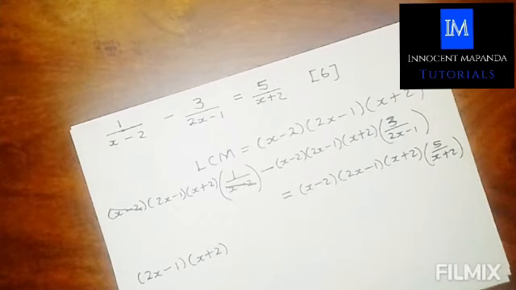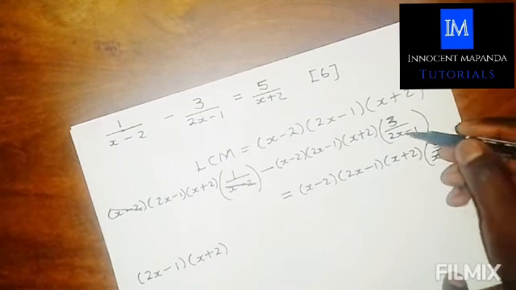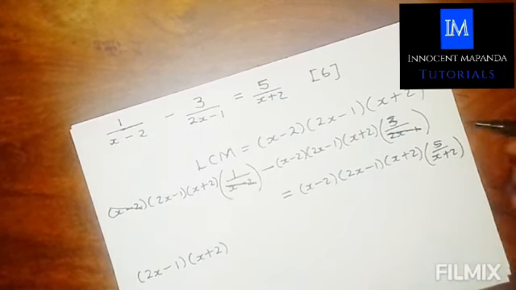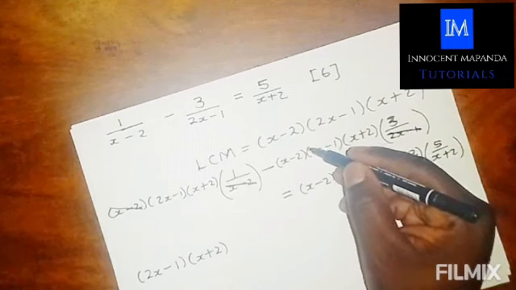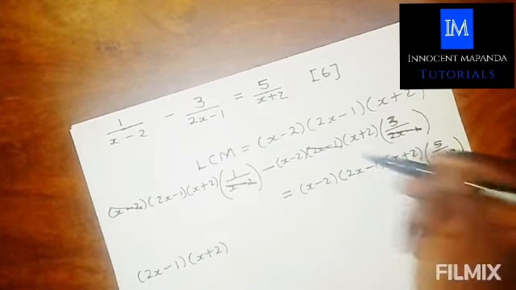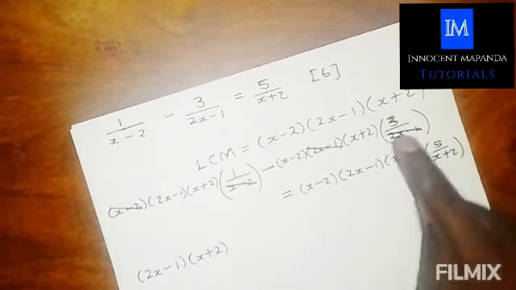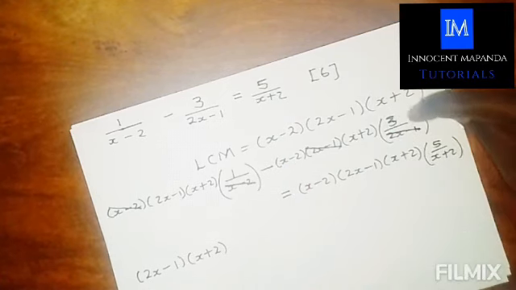So I'm now moving on to the second fraction, which is 3 over 2x minus 1. You can notice that 2x minus 1, the denominator of the second fraction, is going to cancel out with the common bracket, which is 2x minus 1. So you are going to be left with x minus 2, x plus 2, and the 3 inside the bracket.